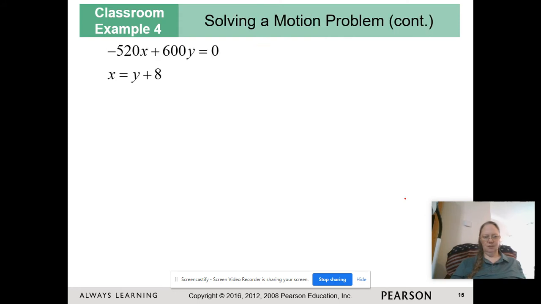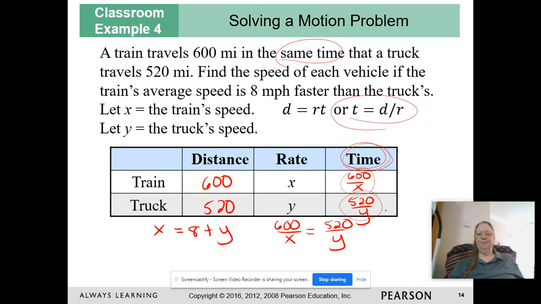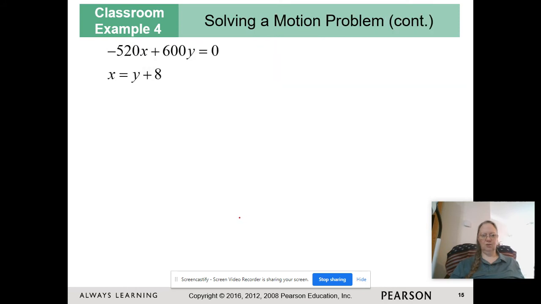Let's see if I got it. Okay. So what I'm going to do, you guys remember proportions where we cross multiply? Cross multiply. So this is going to give me 600y is equal to 520x. And that should look similar to how we have it over here.